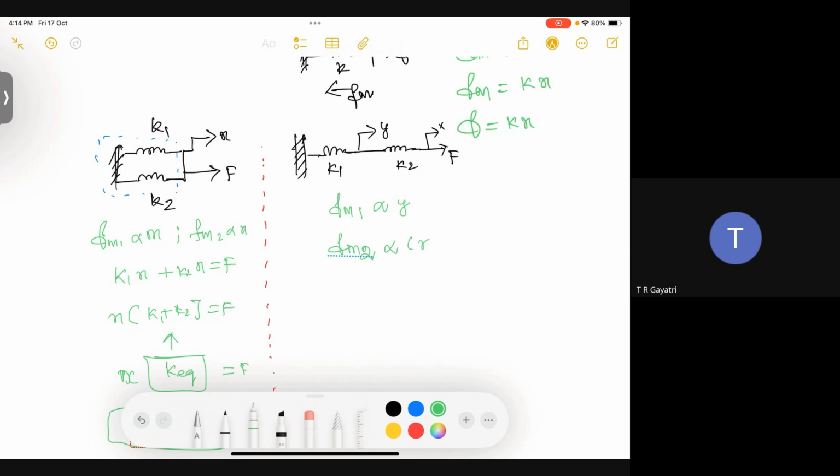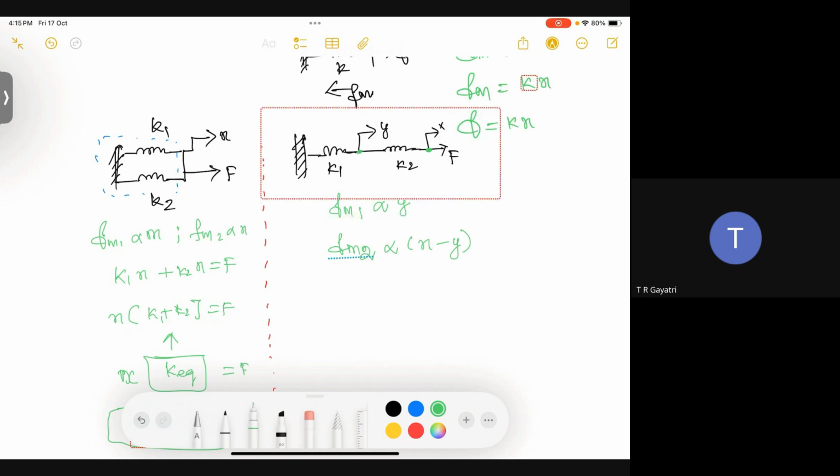Wherever it is connected, that comes first, x, and the other displacement comes next, because K2 has been connected between these two nodes. So the effective force acting in between will be proportional to x minus y.